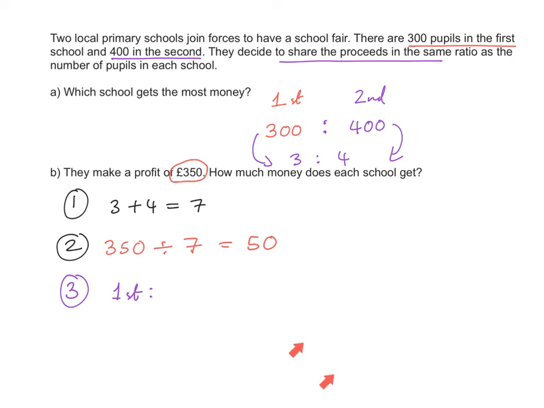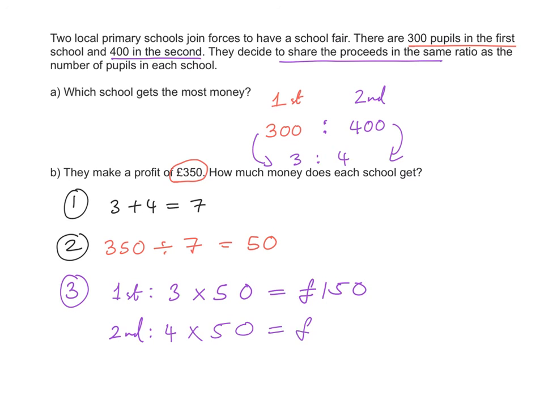So for the first school, it's just 3 times 50, and that's £150. And for the second school, we need to multiply its ratio 4 by 50. And 4 times 50, that's 200.